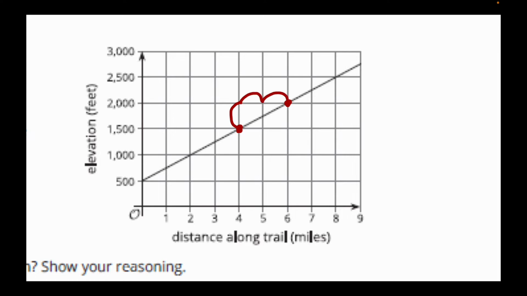But the values here are different, they're not 1 and 2. This is one box, but it increases by 500 because we go from 1,500 to 2,000. And along the horizontal, we have to check the scale, and in this case it is just 2.